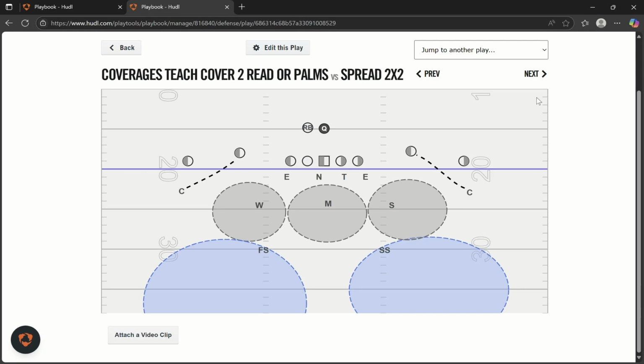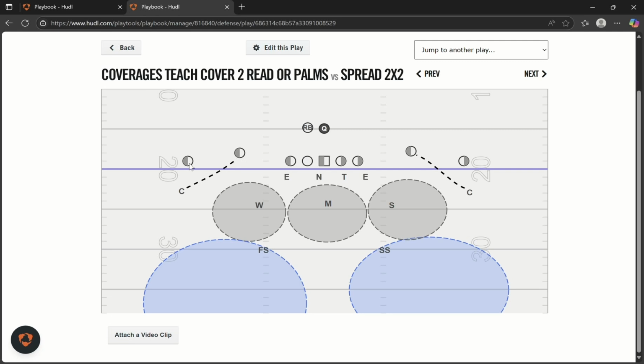Moving on to cover 2 read, or we can call this palms. Cover 2 read is when our corners and our safeties on both sides are a mirror on both sides. At the start of the play, pre-snap, you're looking at number 2.